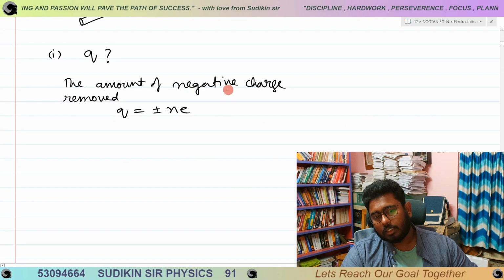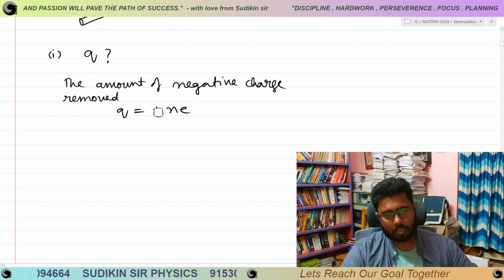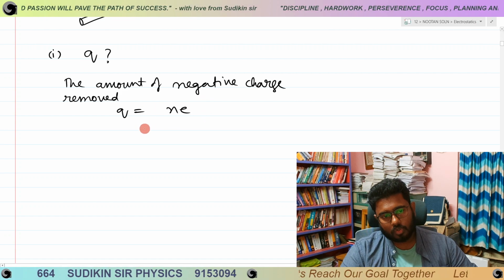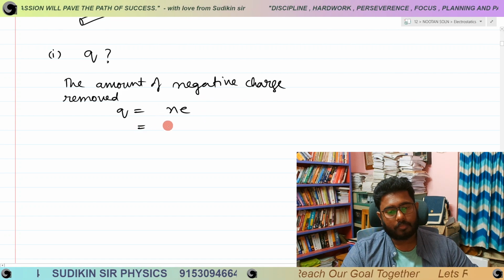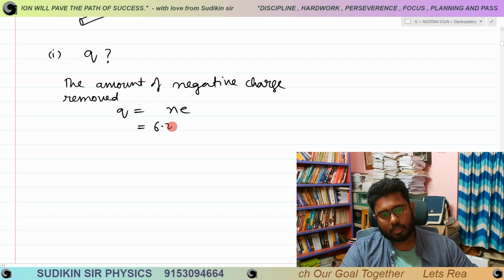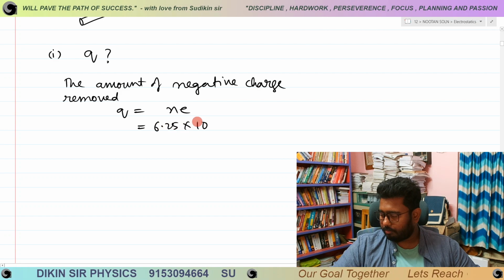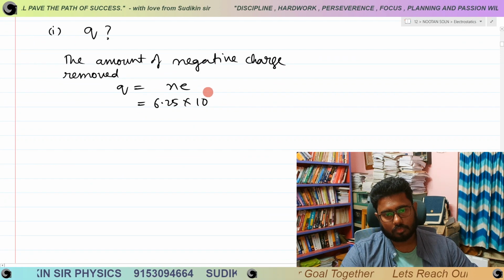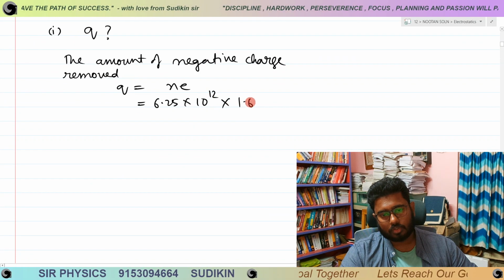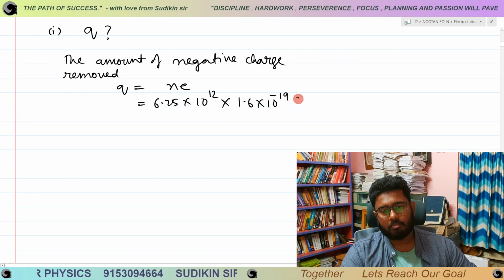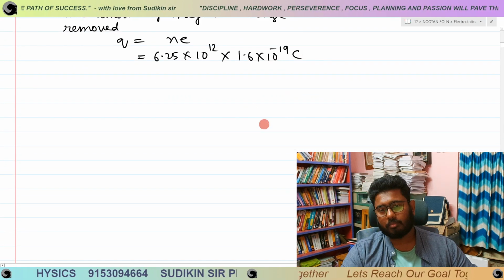As I'm already writing negative, I won't be giving a value on this plus minus term. So Q equals simply Ne. Now N is 6.25 into 10 to the power 12, into the charge of an electron 1.6 into 10 to the power minus 19 coulomb. So this is the total amount of charge.